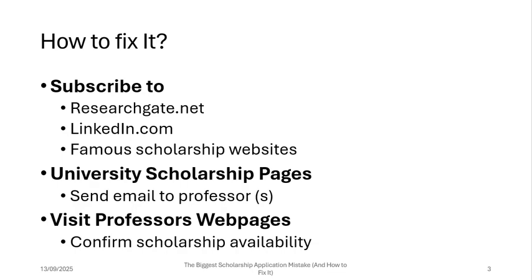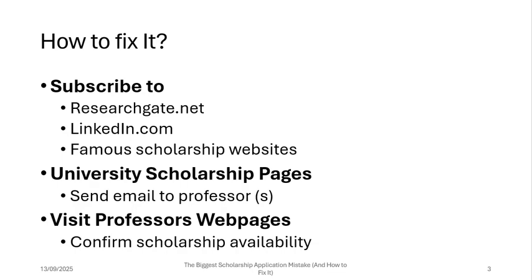The important thing is that you need to subscribe to famous scholarship websites, or to websites where research is usually published or shared. For example, researchgate.net is a website where you can make your ID and subscribe to specific scholarships.